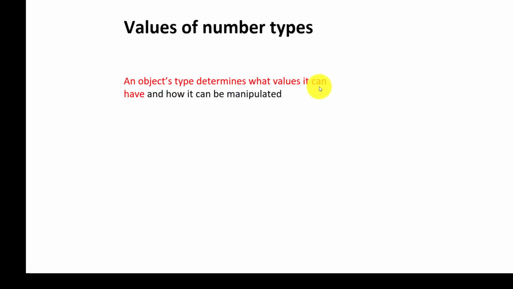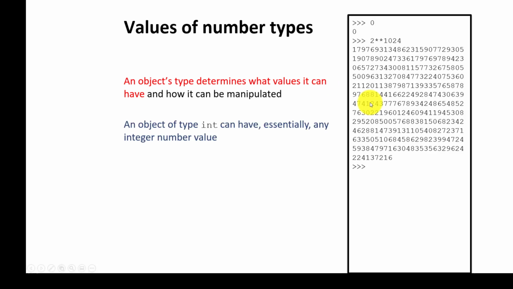Let's move ahead to another topic. If you remember, guys, I told you that the integer has no limit. The only thing that can limit the integer is the size of your memory, the size of the RAM that you have in your computer.